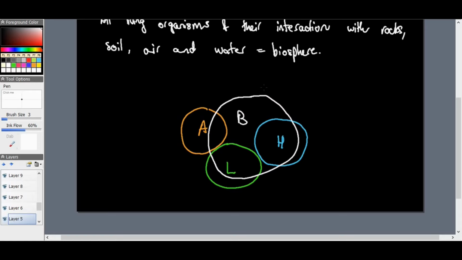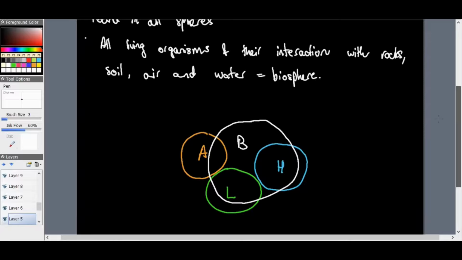Basically showing that the biosphere overlaps into all of the spheres. So it's found absolutely everywhere because there are living organisms in each of the spheres. Living organisms can exist in each of the spheres, so therefore the biosphere does exist in all of them.